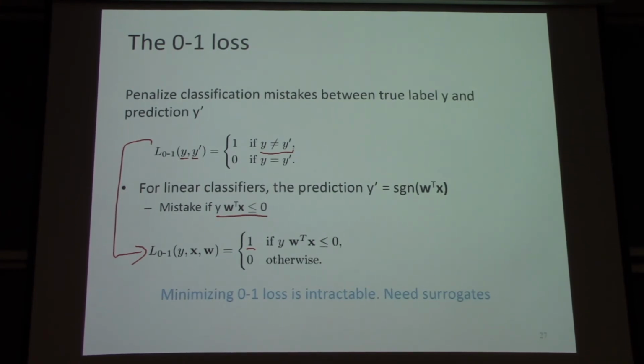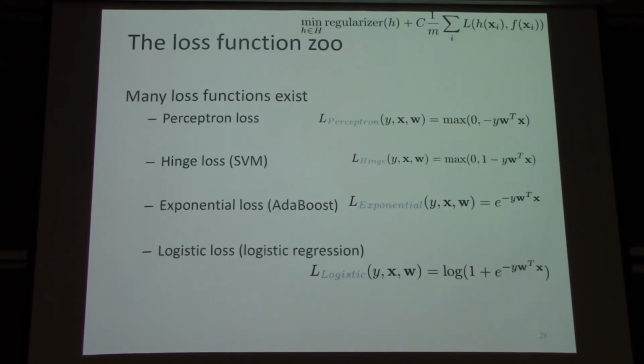I say you, really it's the weight vector W that's losing the points here, because the weight vector is the hypothesis. Okay. So that's what we want to do ideally, but minimizing the 0-1 loss is NP hard. So we need to invent surrogates. There are many surrogates.